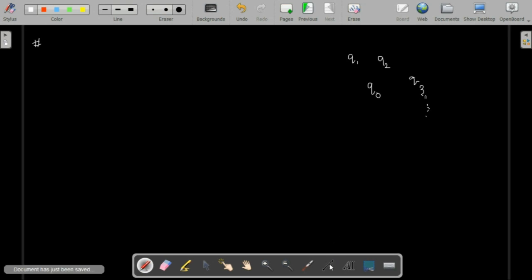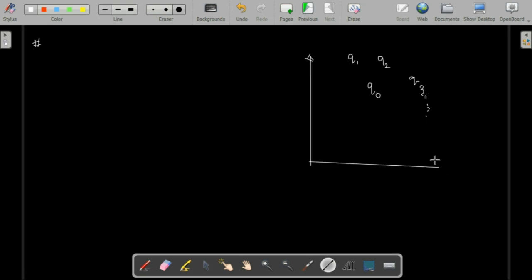And we can of course take up a coordinate system, and we can find out what is its position, the vector position.